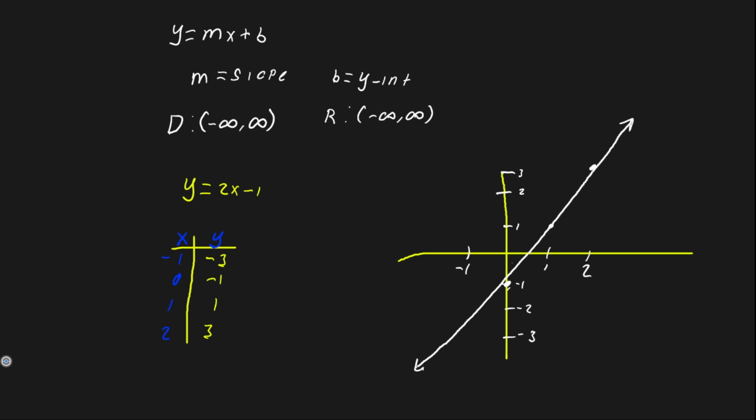And we see that it has an x-intercept somewhere between 0 and 1. We could solve for x when we set y equal to 0. When we set y equal to 0, we have 2x minus 1, where x is equal to 1/2, which is going to be right here.